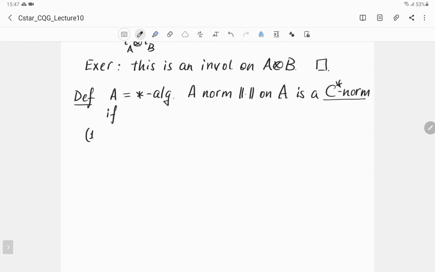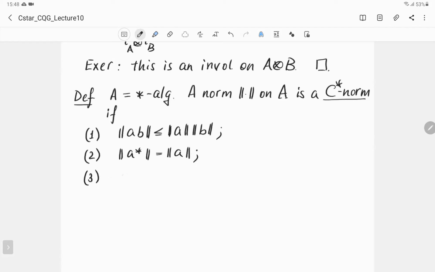First of all, it is submultiplicative. Second, the involution is isometric. And finally, the norm satisfies the C-star axiom. So this holds for all A and B in our algebra.